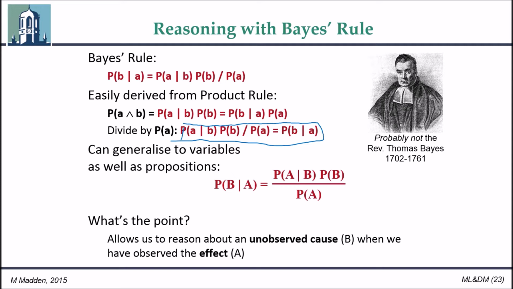Now you might wonder, what is the point of this? Well, the point is that it allows us to reason about some cause that we have not observed, the cause is B, when we have observed its effect. And so this is why we call it inverting probabilities.